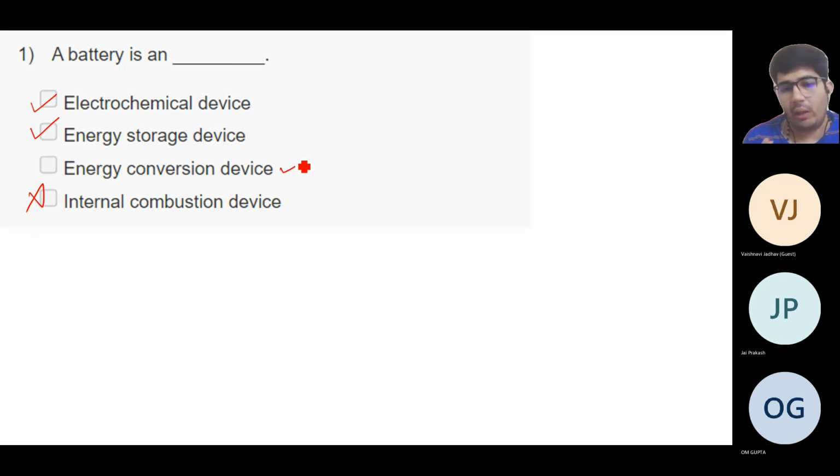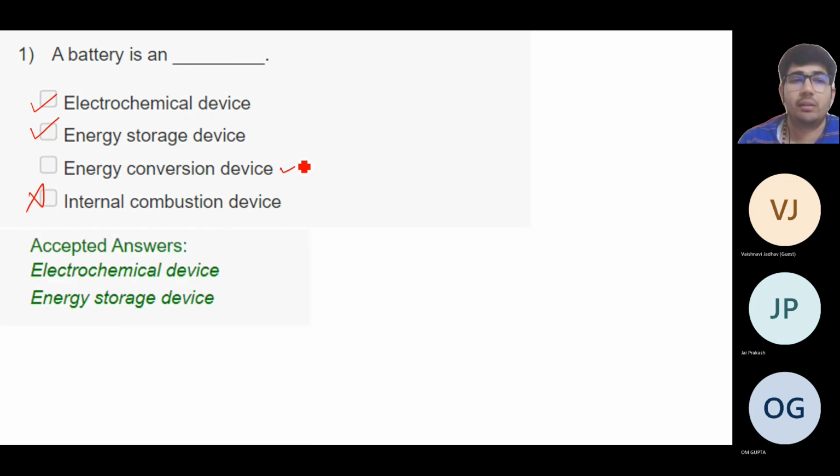You are putting some portion of fuel and oxidant, some chemicals, in the battery, and from that you are getting the electricity. So you are not having continuous supply, so we cannot put the battery in energy conversion device.